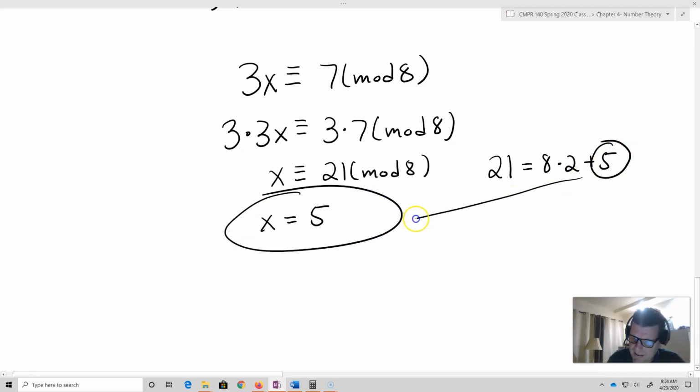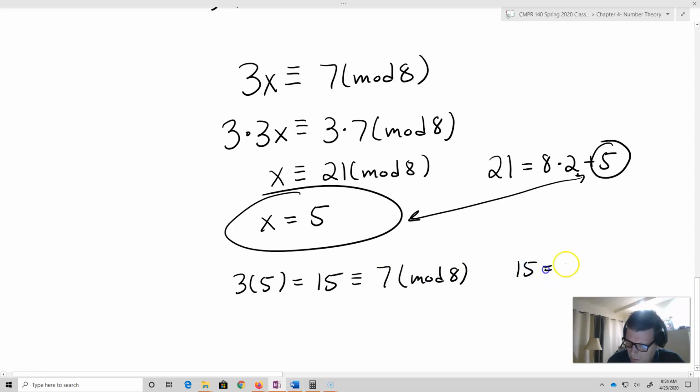We go and we check. 3 times 5 equals 15, and that actually is equivalent to 7 mod 8, because 15 equals 8 times 1 plus 7. And so we've solved our equation. When we do congruences, this is what we're going to do.